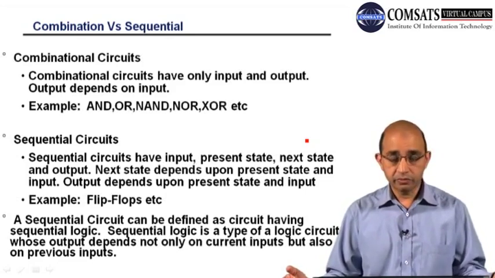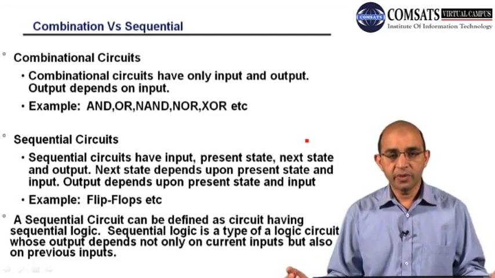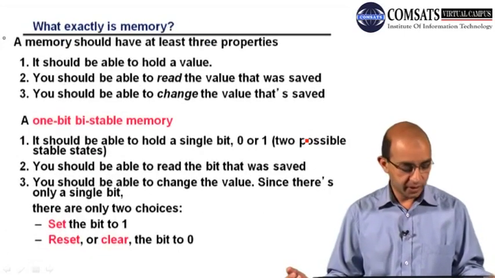In order to build sequential circuits, we need to implement sequential logic. In sequential logic, the output depends not only on the current input but also on the previous state.